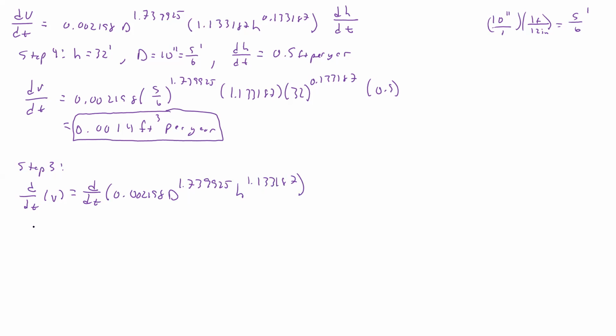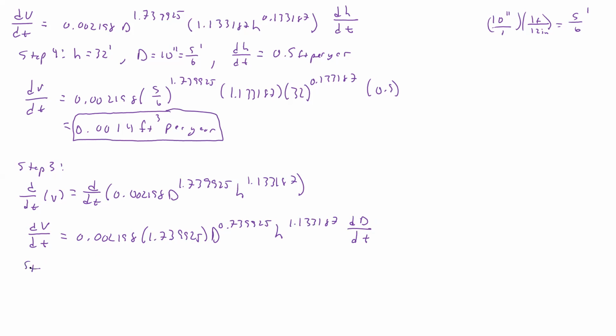And so now when we take this one, we get dV/dt is equal to, now this still is there, 0.002198 times 1.739925 times D to the 0.739925 times H to the 1.133187. And then we have our dD/dt. So that's why I didn't want a little d here, because then you're going to try to figure out what that is. So I changed it to a capital D, and that makes it a little better. And now, so that's step 3.